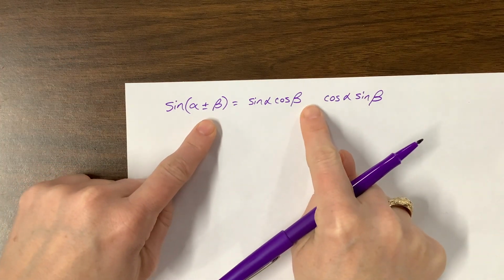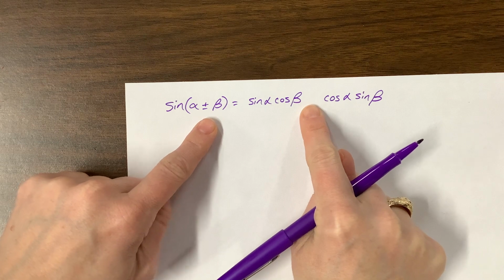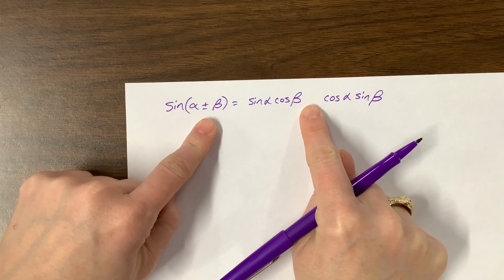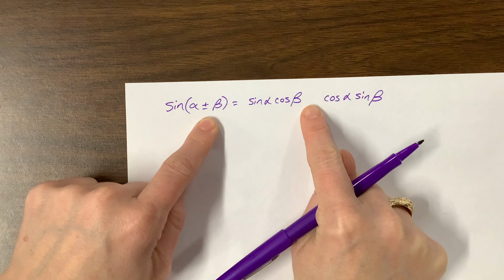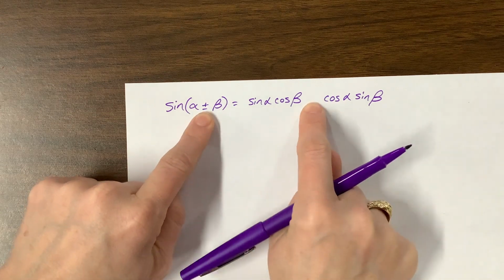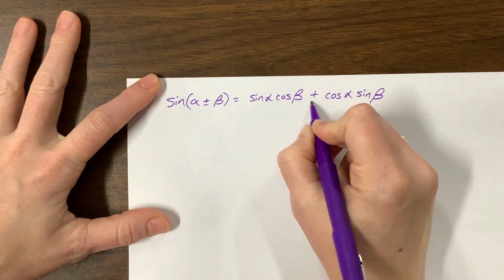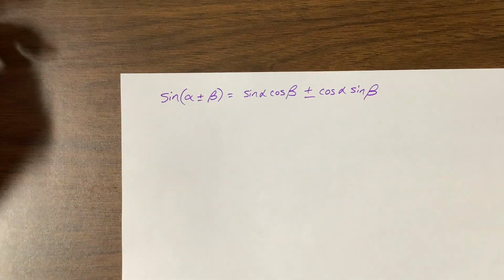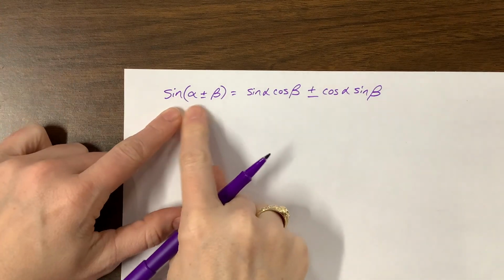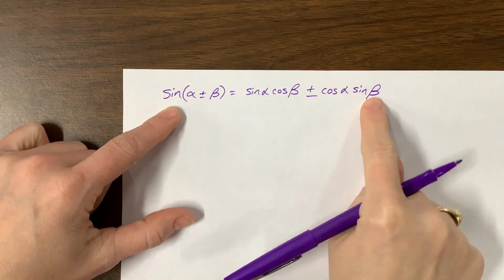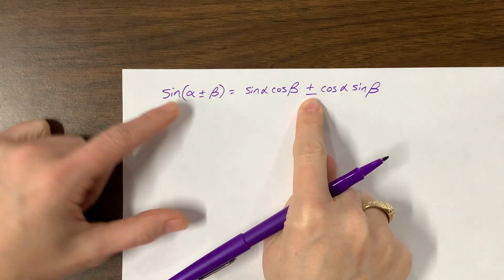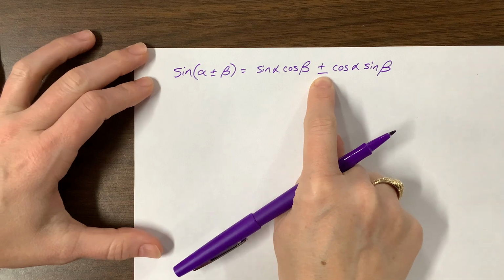And my kids were looking at me today like, why are you spelling that? Because SINE and SIGN sound the same, and they have the same SIGN right here. So if this is a plus, we have a plus. If this is a minus, we have a minus. So I remember the sign, sum and difference, is sine, cosine, cosine, sine, with the same SIGN. So that's a nice little way to help you remember that.